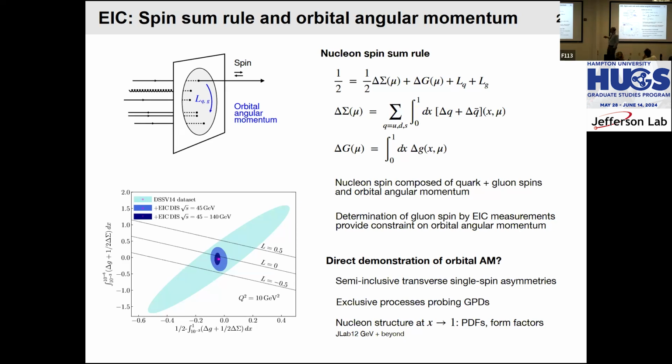I don't want to get into too much detail, but essentially what is shown here is the rearranged sum rule, which is 1/2 minus what is known about delta sigma and delta G from present measurements. The ellipses are what would be inferred from EIC measurements. And the lines here are indicative of the orbital angular momentum content that would be required to complement this sum rule.